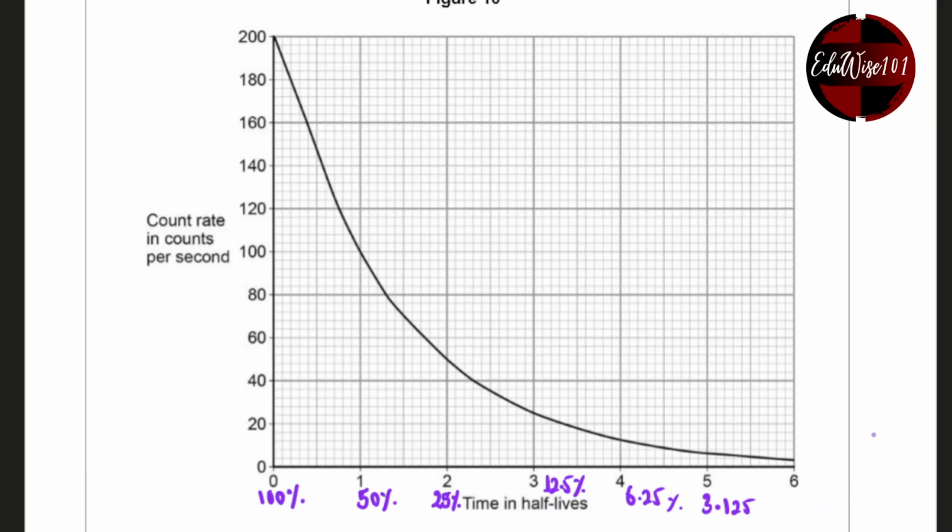So it's important to understand that if the radiation source goes over 2 half-lives, then it's weak, because there's only about 25% or less than that.